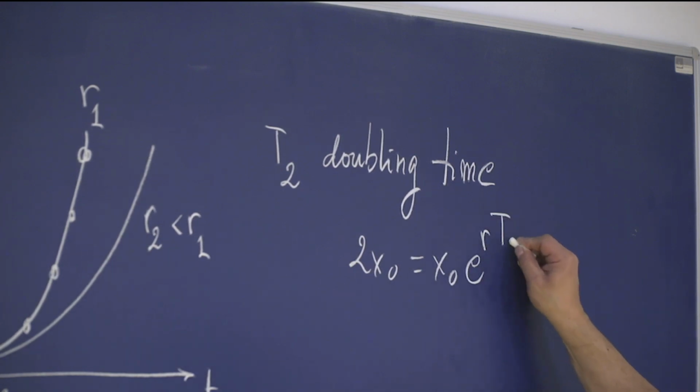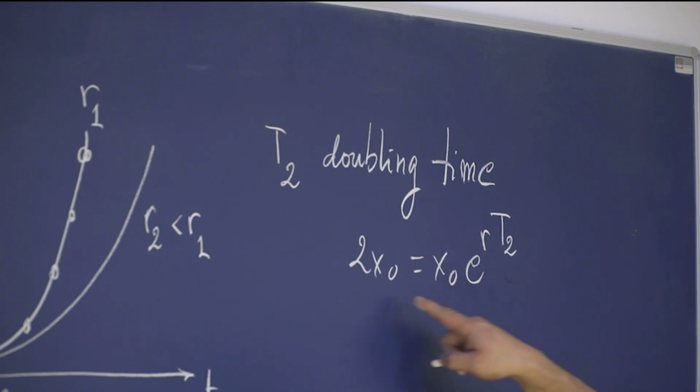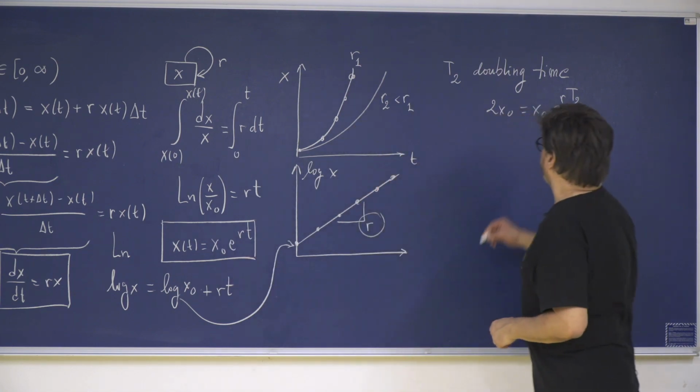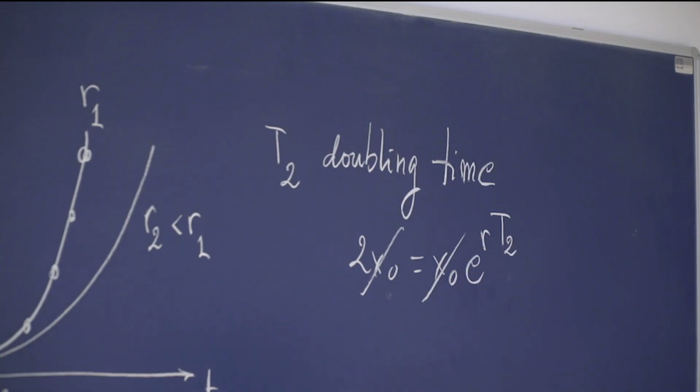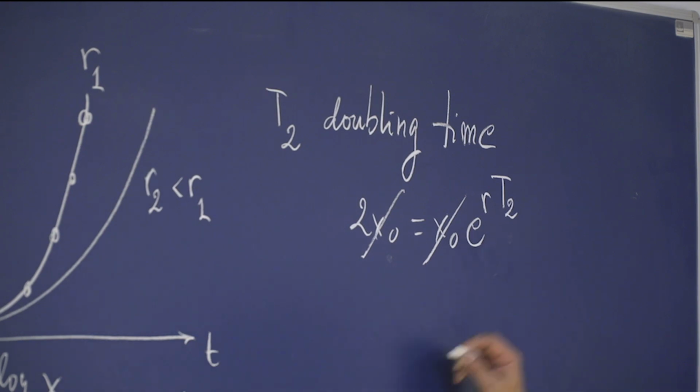I replace this t by this particular t when x is going to be twice this value. The initial condition disappears, which is very convenient. And essentially, what I have is 2 equals e to the r t2.